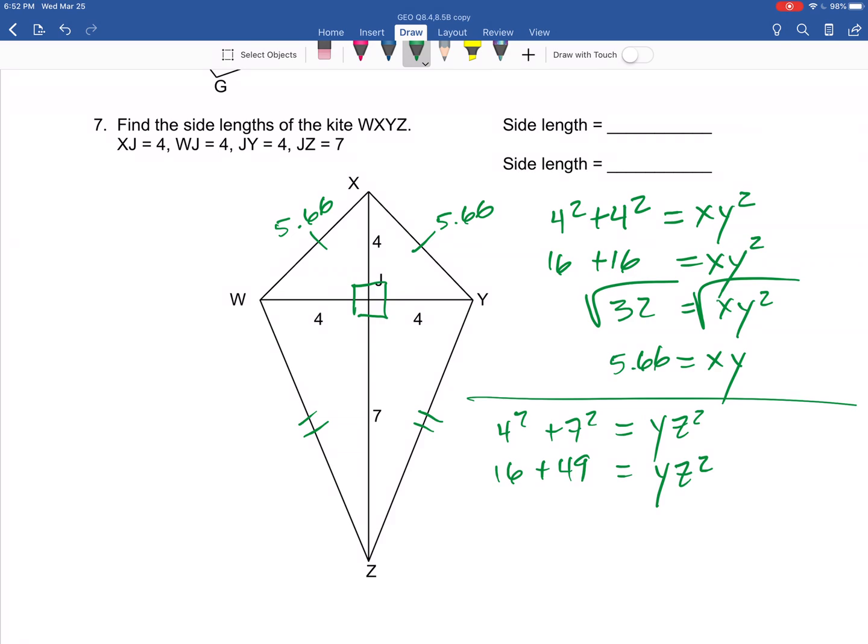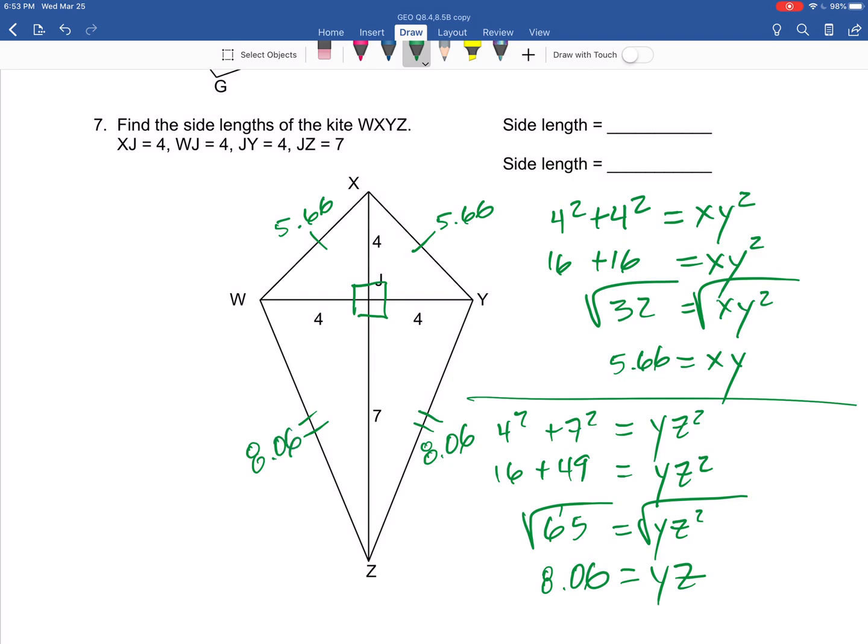That's going to be 65 equals YZ squared. Root, here we go, root 65. We got the square root of 65. Nice. 8.06. 8.06 here. 8.06 here.